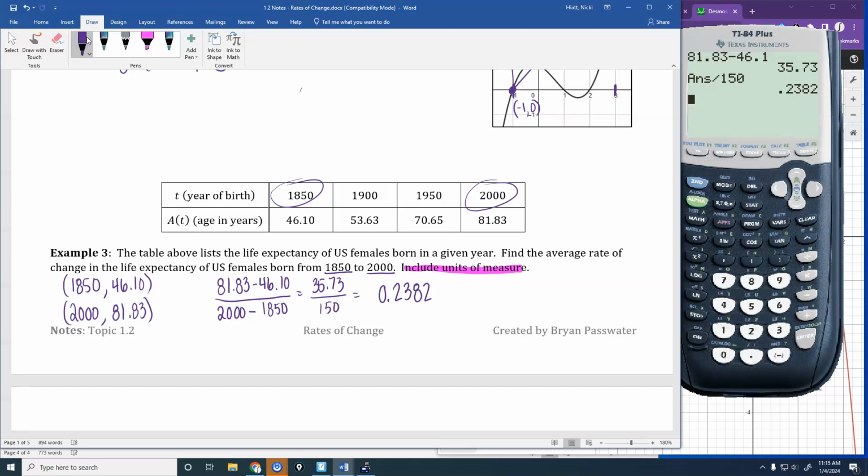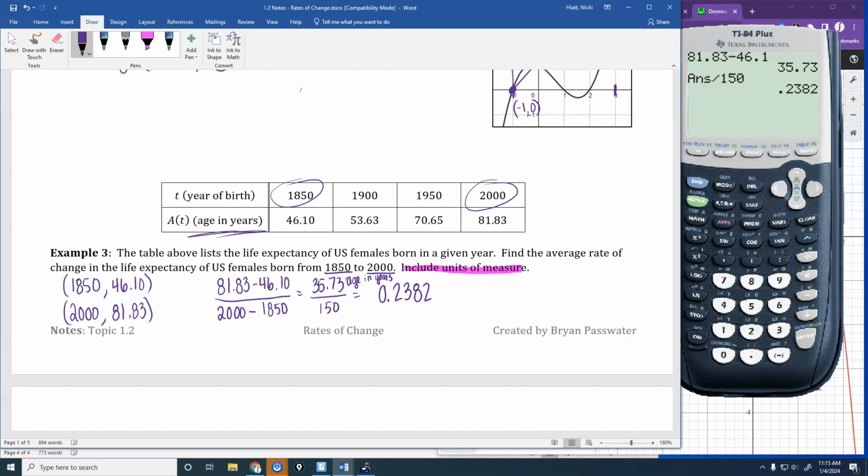So here's what it is. This was our change in Y. What was measured by our Y? What units do we use for Y? Age in years, right? Age in years.